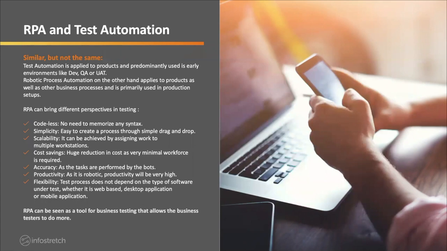RPA, on the other hand, applies to products and business processes that you have in your organization, and it is predominantly employed on your production setups, not on your dev or QA or UAT, right? That is the clear demarcation that you will look at.